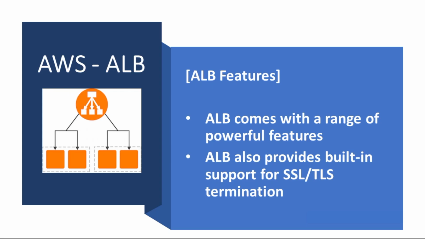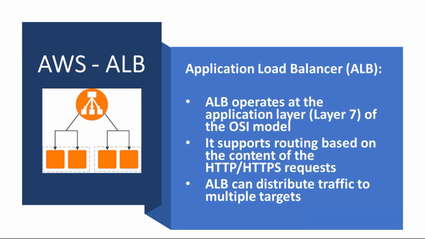Application load balancer. ALB operates at the application layer 7 of the OSI model and provides advanced features for modern web applications. It supports routing based on the content of the HTTP, HTTPS request, path-based routing, and host-based routing. ALB can distribute traffic to multiple targets such as EC2 instances, containers, IP addresses, or Lambda functions.